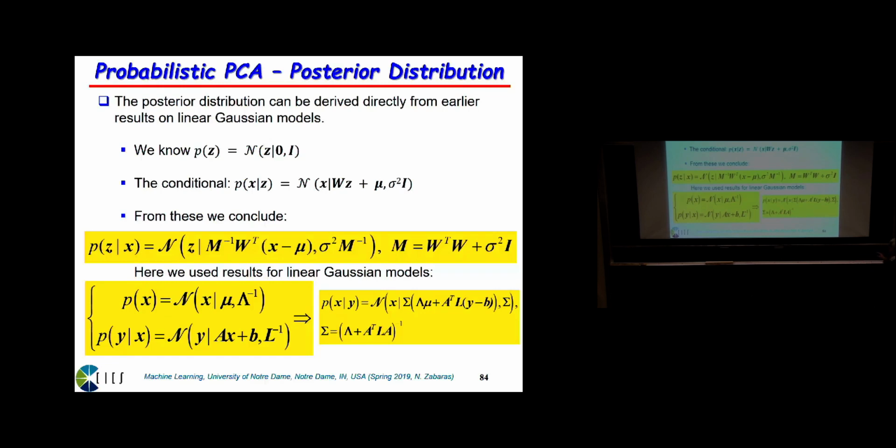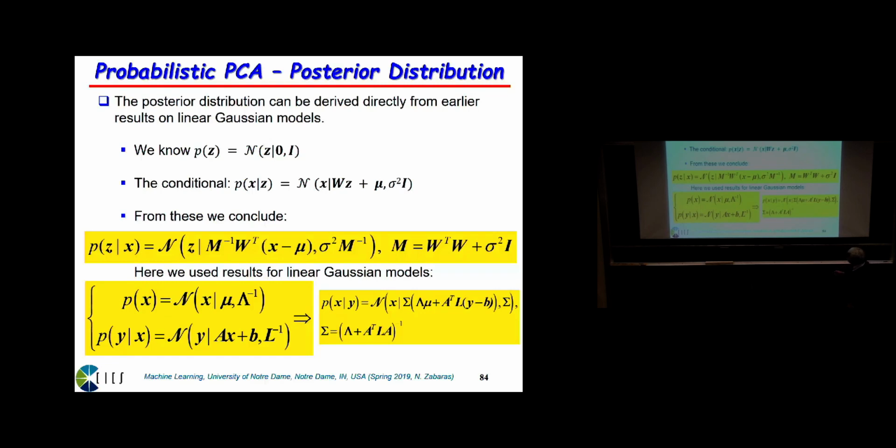When you look at them, don't ask what is Y; these are generic formulas, so you can reinterpret. For example, this X here would be our Z, this Y would be our X. So you can get this projection, and you get this mean, and obviously there is some uncertainty involved with the projection as well, which is nice.